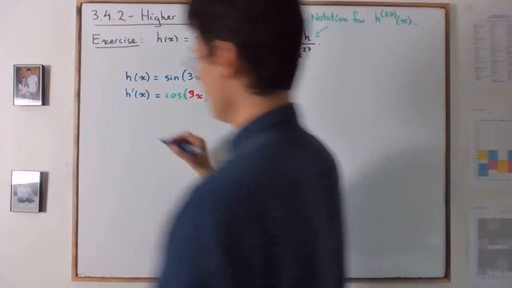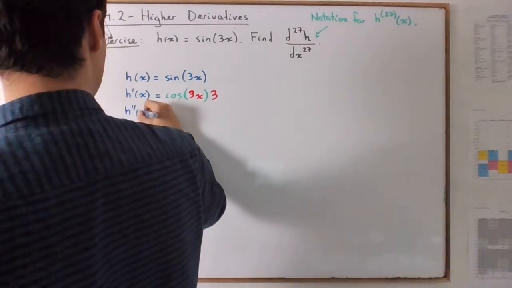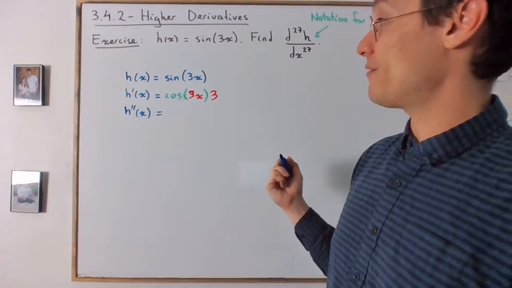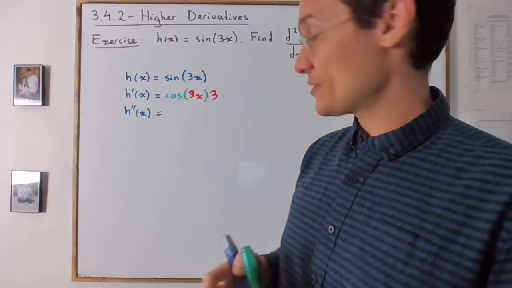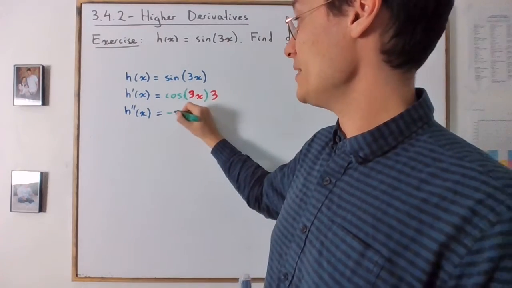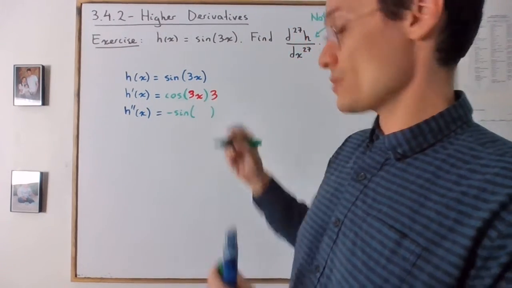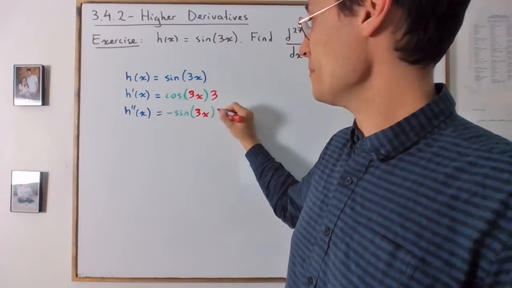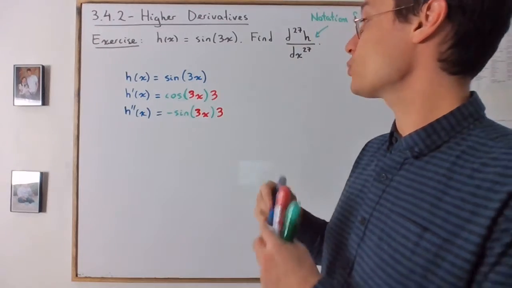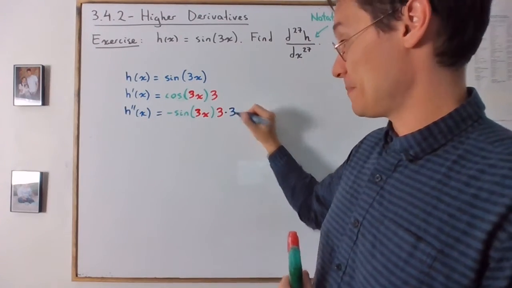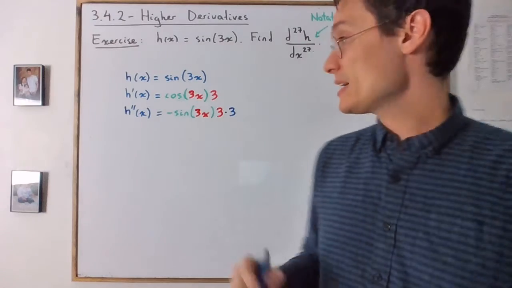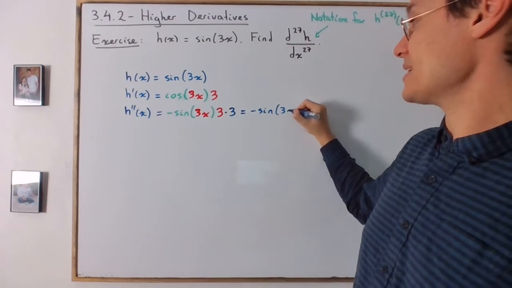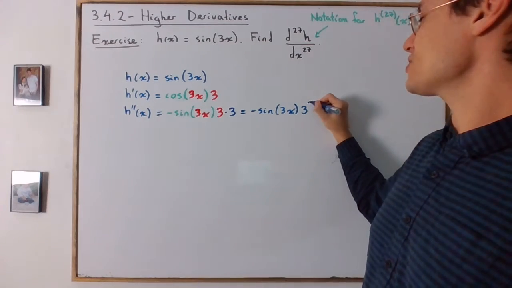You take the second derivative. Now you've got to be careful, because the derivative of cosine is negative sine of 3x times 3. So it doesn't change right here, but you multiply it with another 3. In other words, what you end up getting is negative sine of 3x times 3 squared.